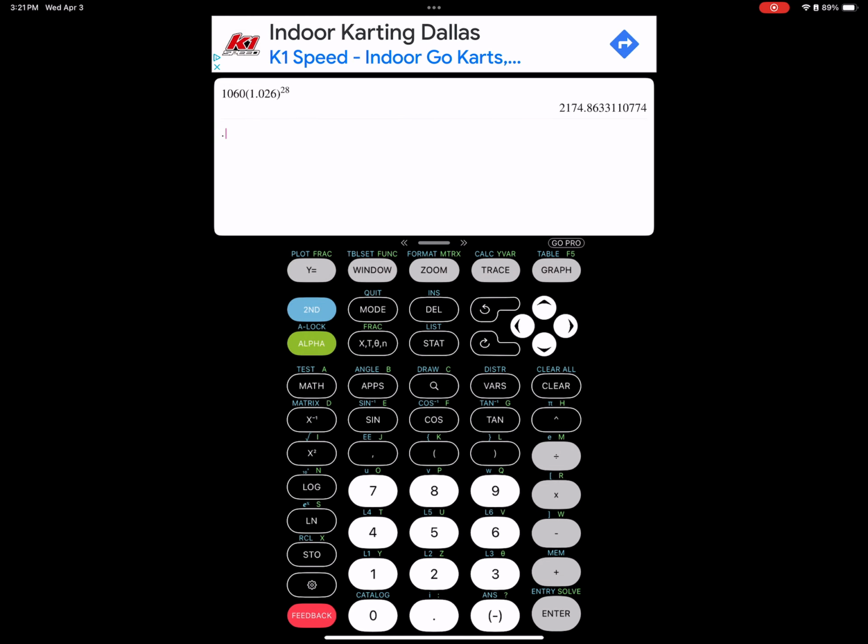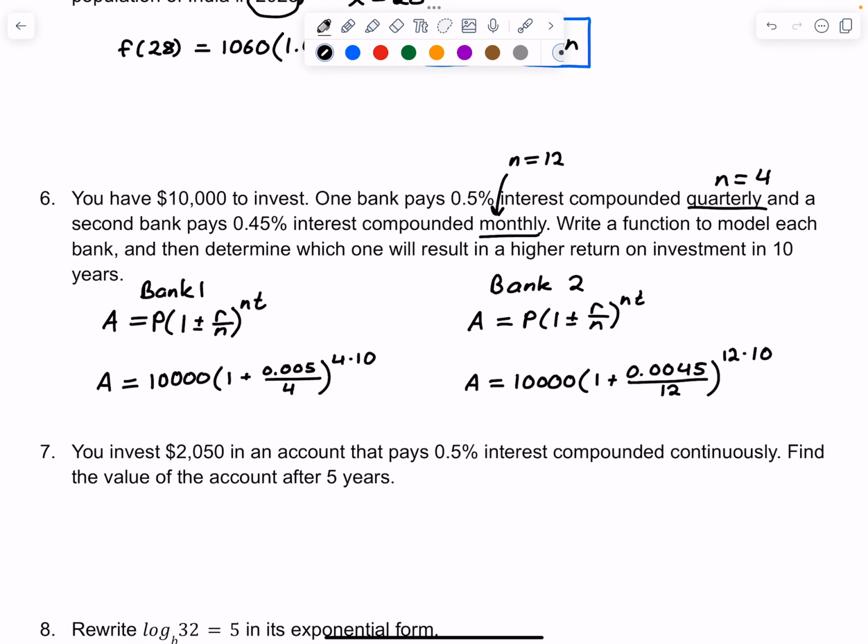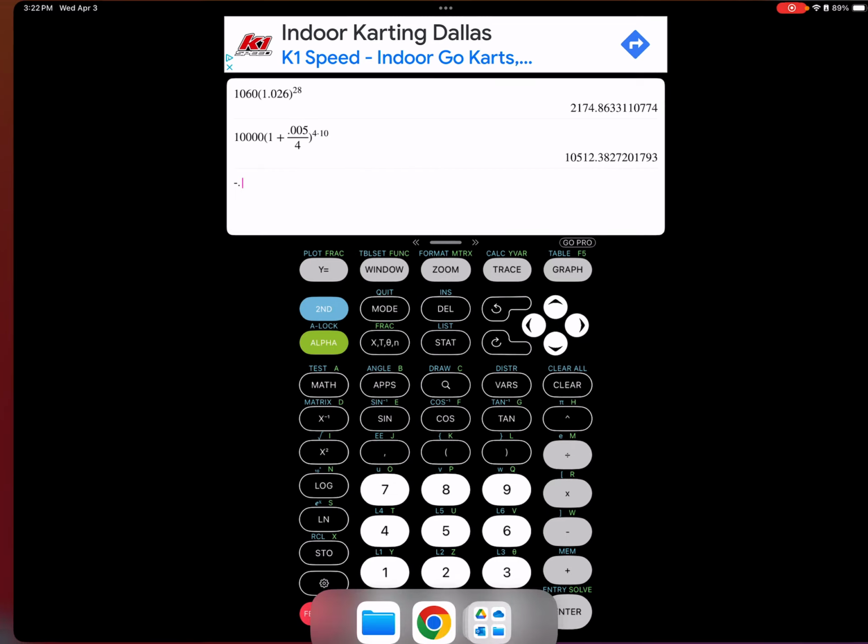So I've got 10,000 times 1 plus 0.005 over 4, because it's compounded quarterly, to the power of 4 times 10. So after 10 years, I have $10,512. So this one becomes $10,512.38.